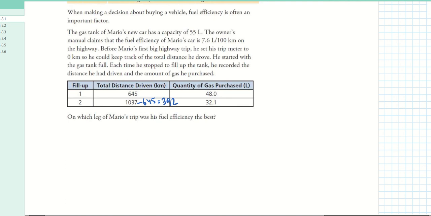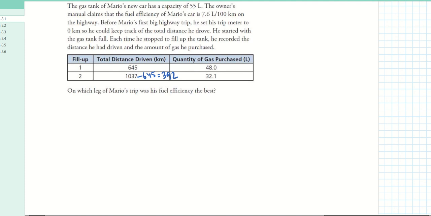So for the first leg, we'll have to use basically the definition of slope again. In this case, we want to know liters per kilometer. So this is going to be our volume, so this is liters, right? Let's say volume 1, V1 for volume, V2 for volume 2.